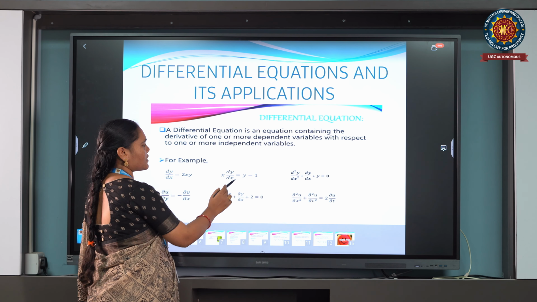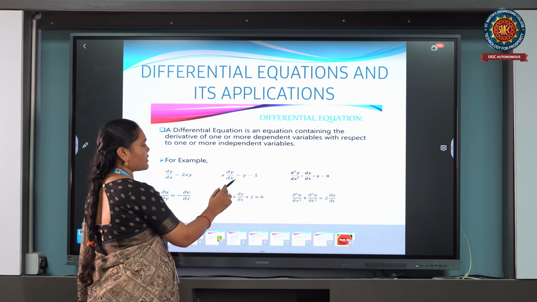Next, integration dy by under root of 1 minus y square is equal to integration 1 by under root of 1 minus x square dx plus c. See, it is in the form of a formula we know very well: integration 1 by under root of 1 minus y square is sin inverse y, and integration 1 by under root of 1 minus x square is sin inverse x plus c.